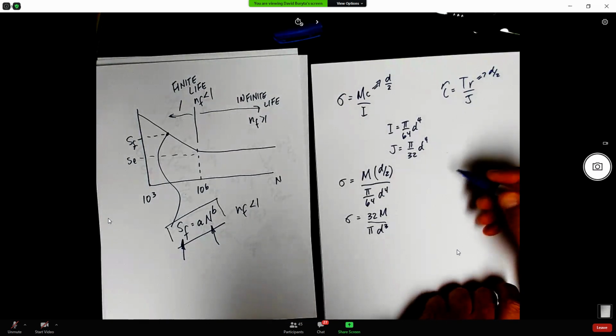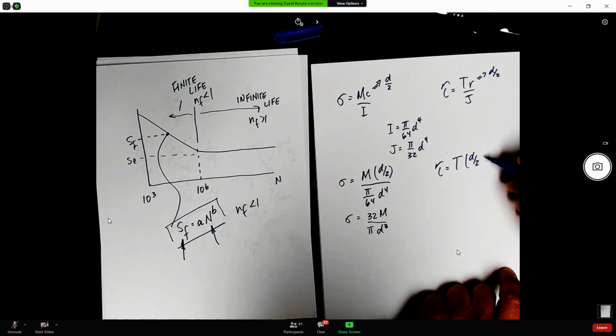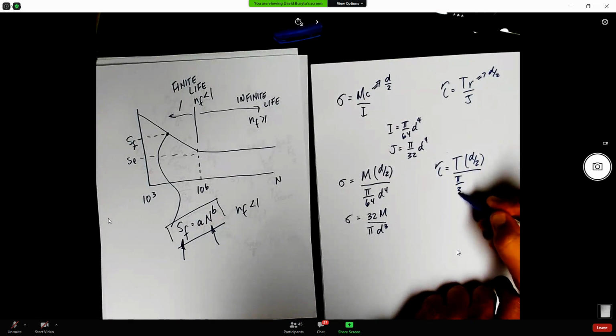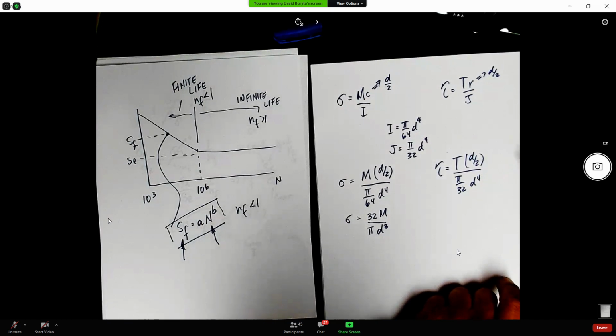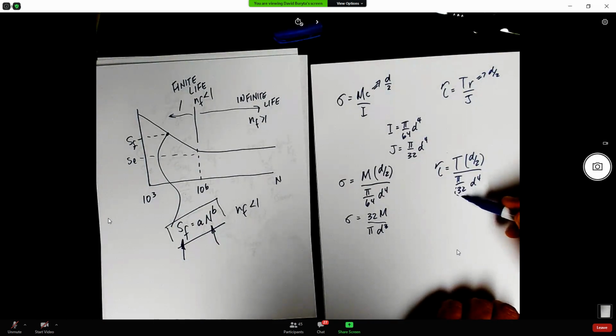We can do the similar thing for shear stresses, where we have T, and then we put in d by 2 here, and then our J is pi by 32 d to the fourth, right? So same sort of stuff happens. The denominator of the denominator goes up to the numerator, and this comes down into the denominator.